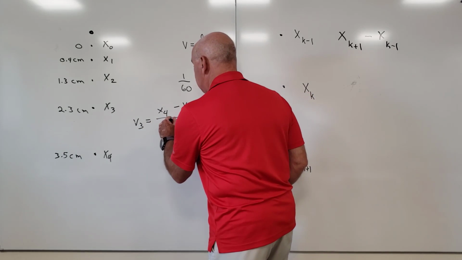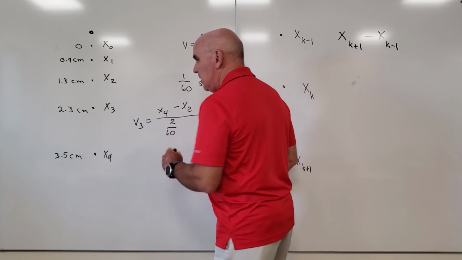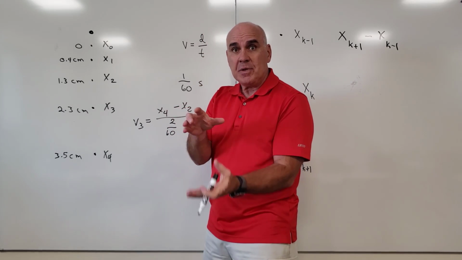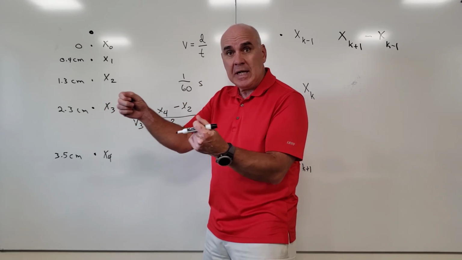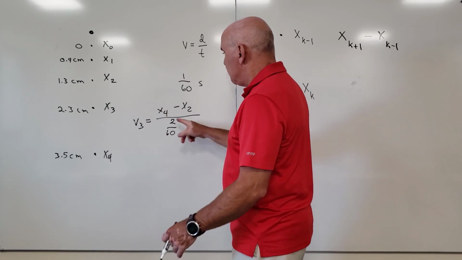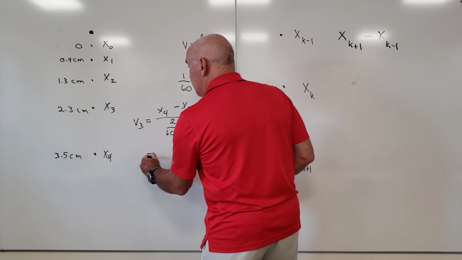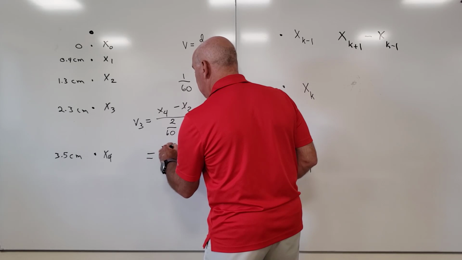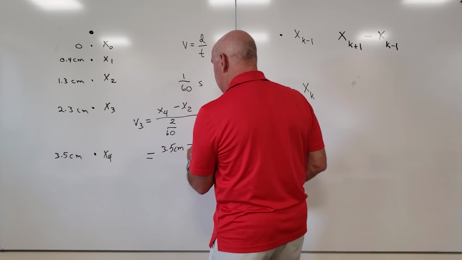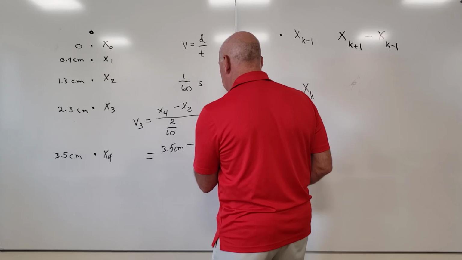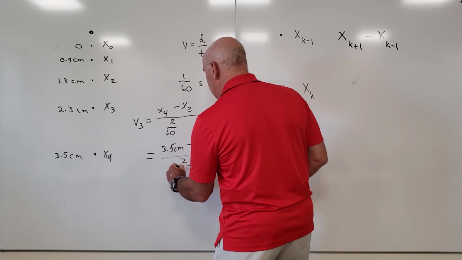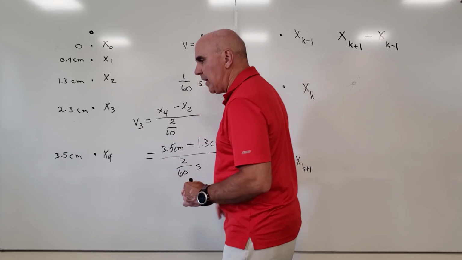So that's 2/60ths of a second. And this will be true throughout the entire spreadsheet if I'm going from the previous dot to the later dot. So in this case, that would be 3.5 centimeters minus 1.3 centimeters all over 2/60ths of a second.